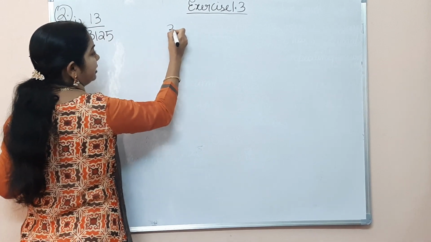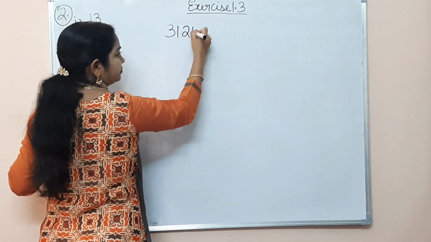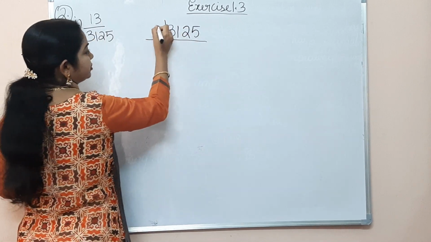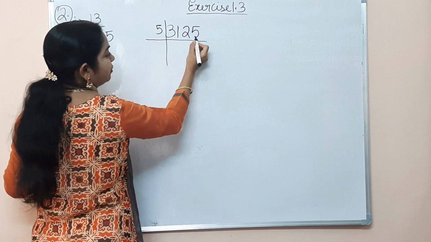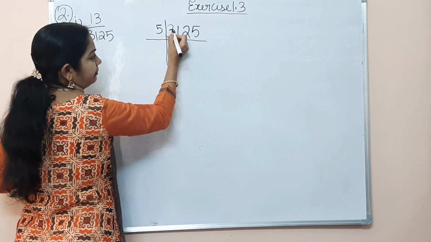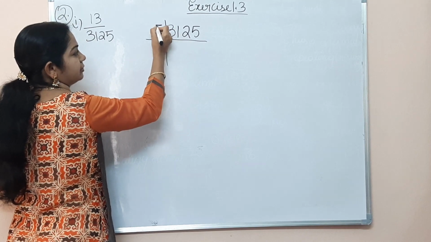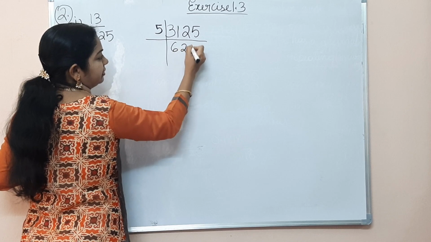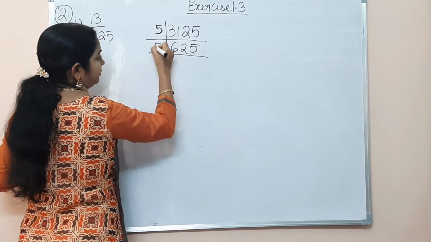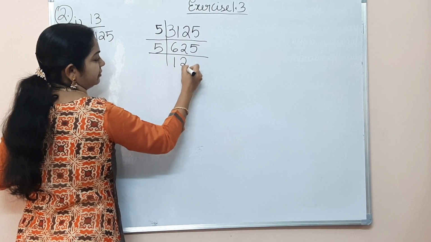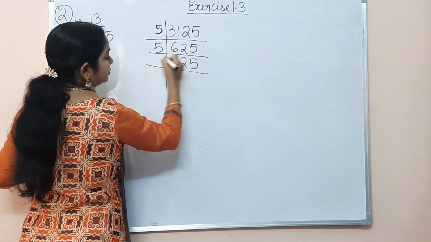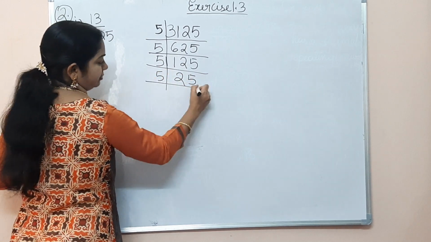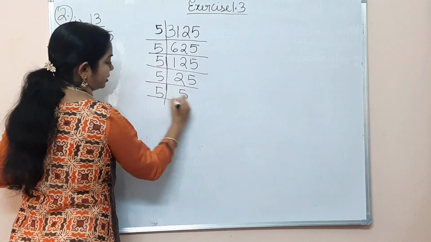So let us find the prime factorization of q. This won't go with 2. So let me take 5. Will it go with 3? We'll check. 7, 8, 8 plus 3. So it won't go with 3. So we'll take 5. 5 sixes are 30. 5 twos are 10. 5 fives. Okay. Again we'll find 5 ones are 5, 5 twos are 10, 5 fives.